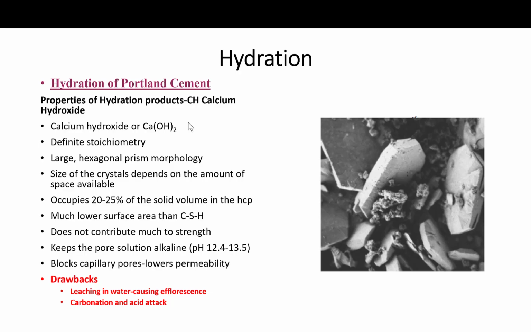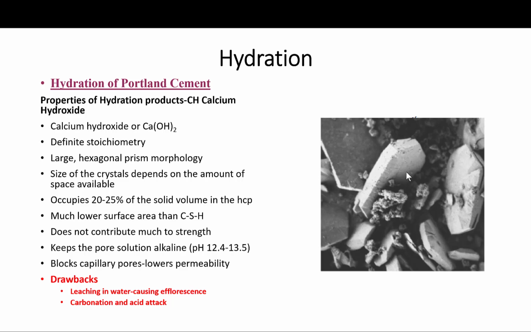The calcium hydroxide tends to form large crystals with a distinctive hexagonal prism morphology, as you can see here. The morphology usually varies from nondescript to stacks of large plates, and is affected by the available space for it to form, the temperature of hydration, and also the impurities present in the system.